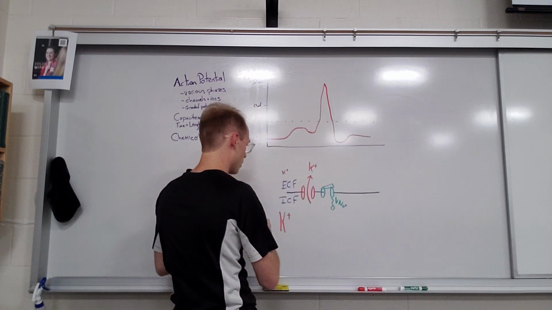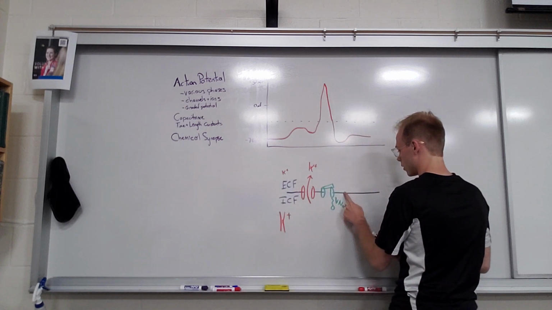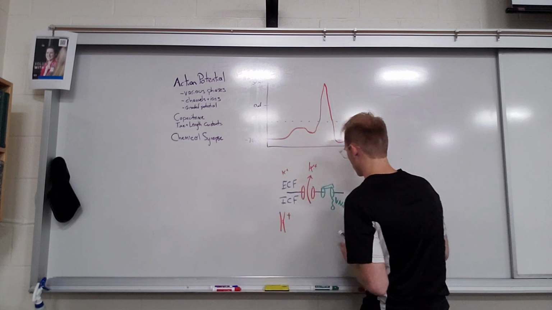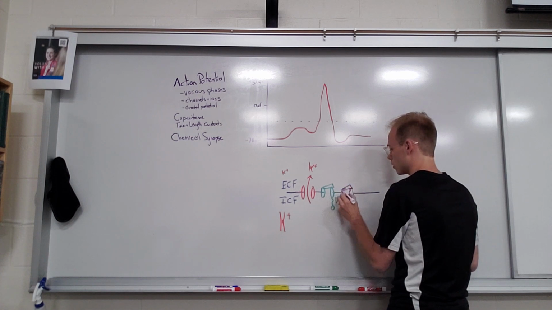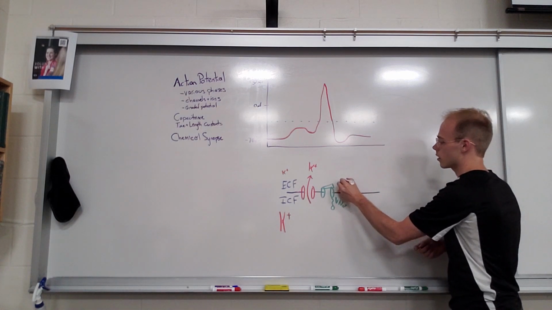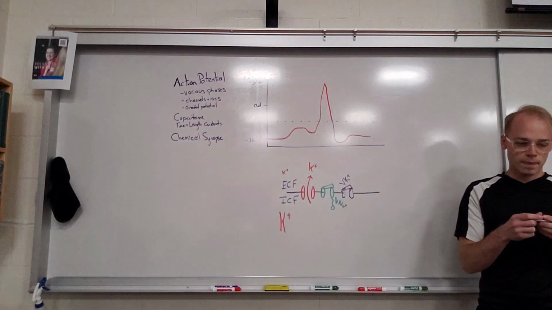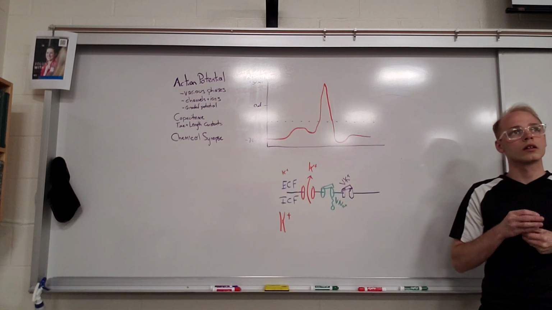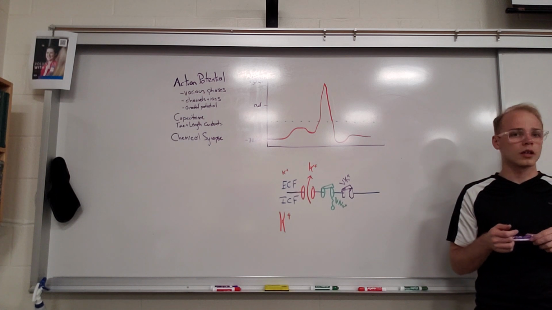And then we also have here, I'm going to use purple. That one is a voltage gated potassium channel. And then those are the main players within action potentials.